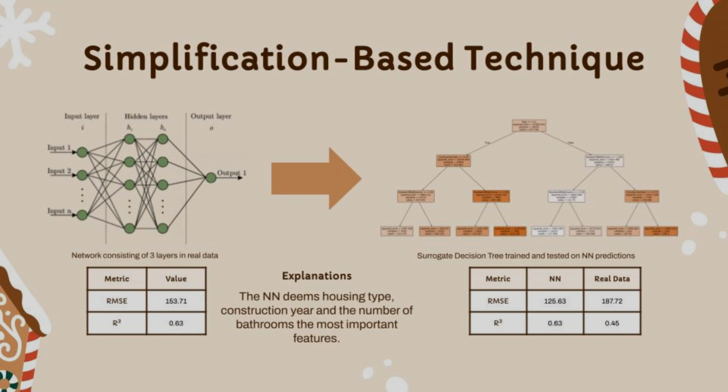Although it had these values on real data, its main objective is to be compared with the predictions of the neural network, which will imply that the surrogate model is able to confidently explain how the neural network works. So, given this, we managed to create a surrogate model that successfully explains how the neural network decides.